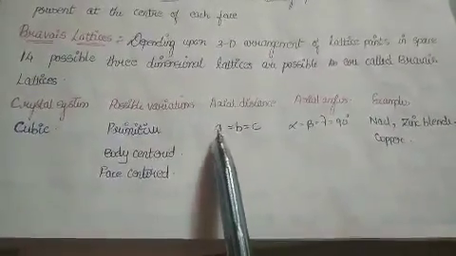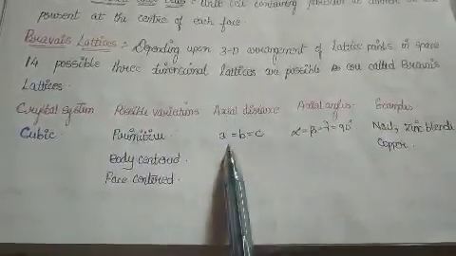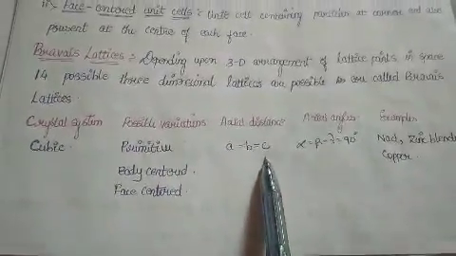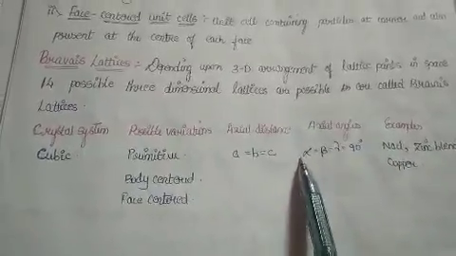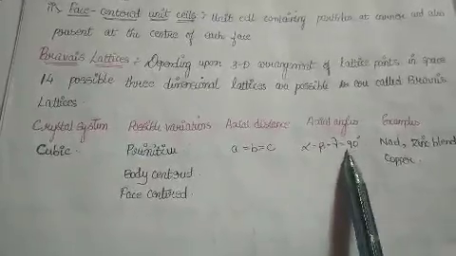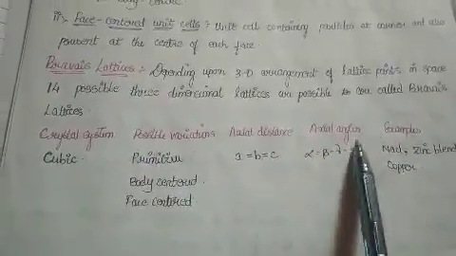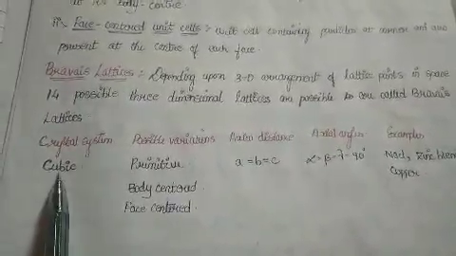So you can mention over here, as I said, cubic is a symmetry. So you're having axial distance A equals B equals C. Coming to the axial angle, here alpha equals beta equals gamma, which are all equal to how much degree? 90 degree. So when such axial distances or axial angles are present, the crystal system is called the cubic system.